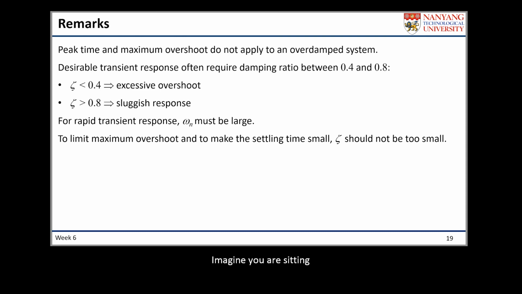Imagine if you are sitting in the car, but the shock absorber of your car has a very low damping ratio. If your car is passing through a hump, then your car will keep oscillating. You don't like it. On the other hand, you also don't like to have a damping ratio too large, because if the damping ratio is too large, the response will be too slow.